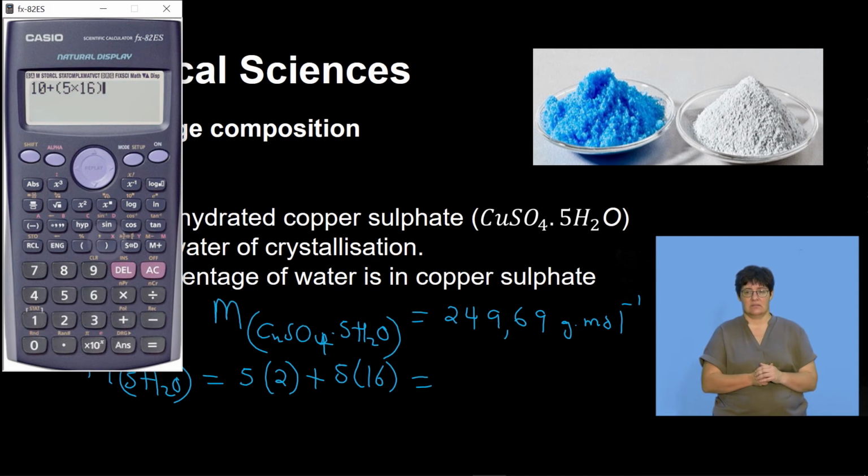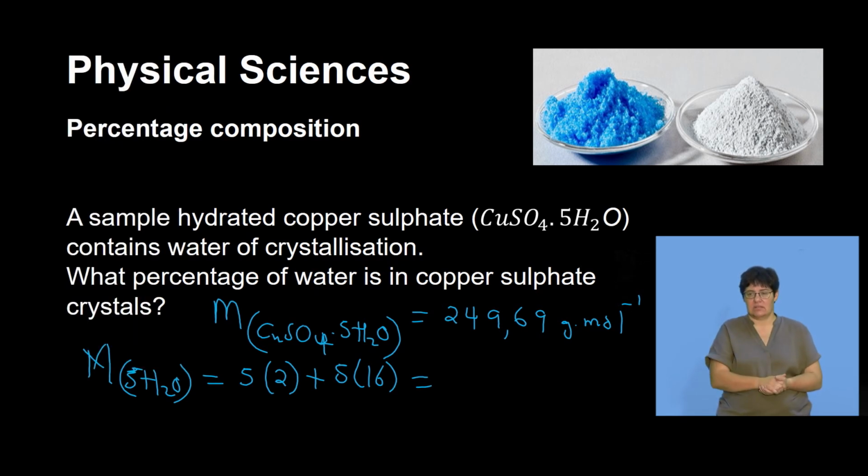So this gives us 90. So of this 249.69 grams per mole, 90 grams per mole is actually the water of crystallization. So if that's the case, what are we saying? We are saying this is 90 grams per mole, which is the water of crystallization.